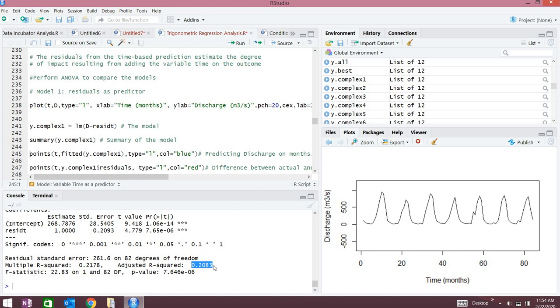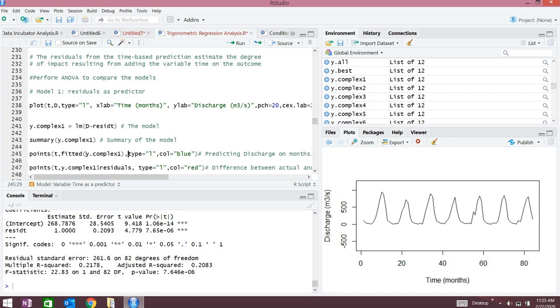You cannot ignore time here. The p-values, not bad, statistically significant.